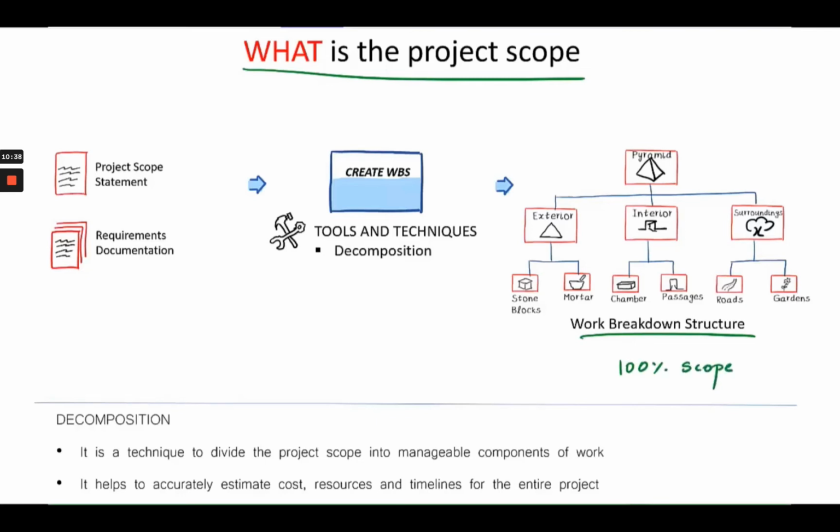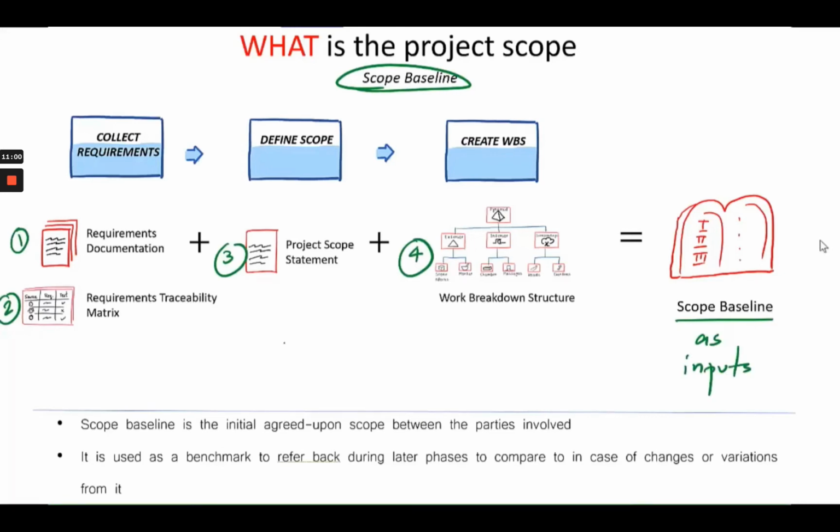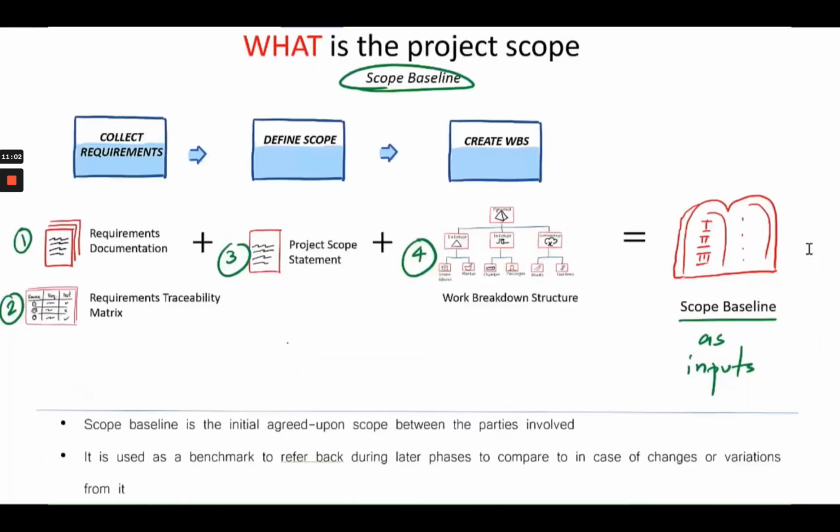In our example of the pyramids project, this is the work breakdown structure that we obtained earlier from the various inputs and processes that we used together to construct it. As you may recall, we used the scope baseline documents as primary inputs to create the WBS, and through the process of decomposition, we were able to draw the various components and elements of scope broken down into this nice hierarchical structure that we call the WBS.